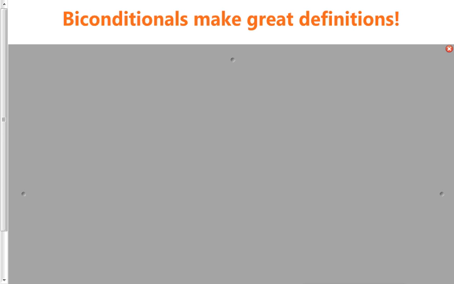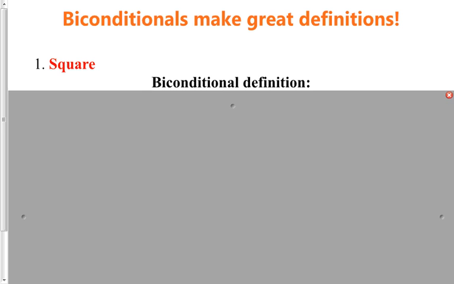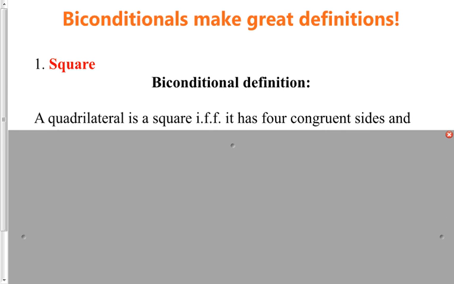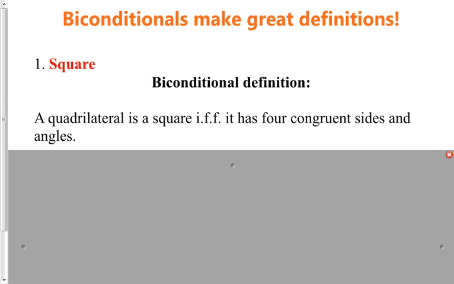Did you know that biconditionals make great definitions? Let's take a look. The definition of a square, written as a biconditional, states a quadrilateral is a square if and only if it has four congruent sides and angles. Let's look more closely at this biconditional definition.